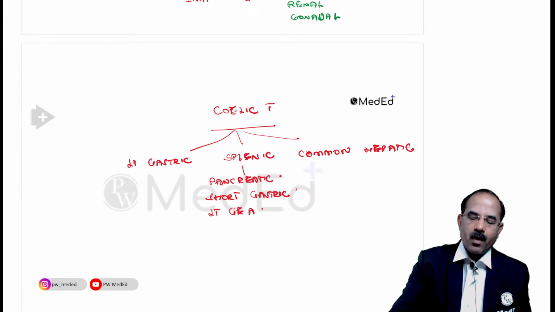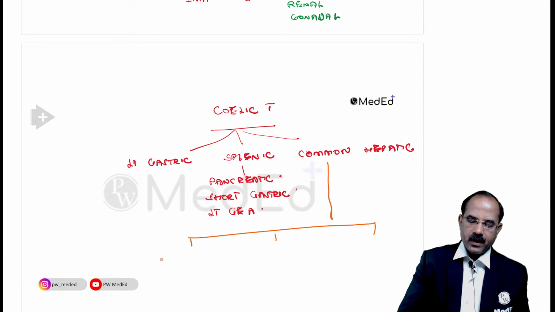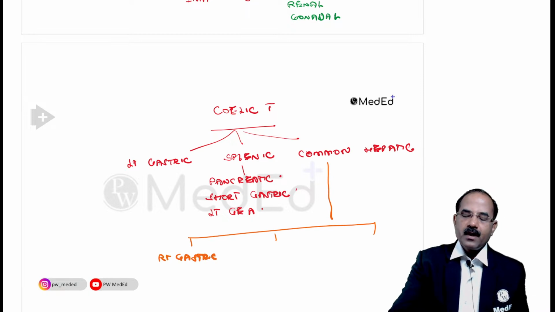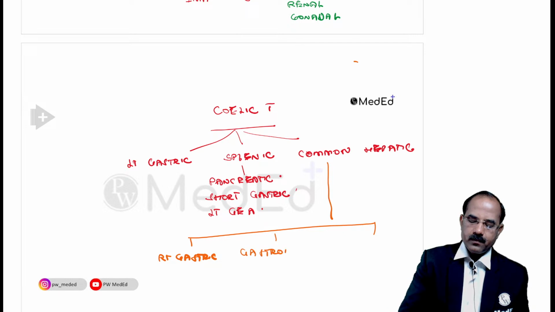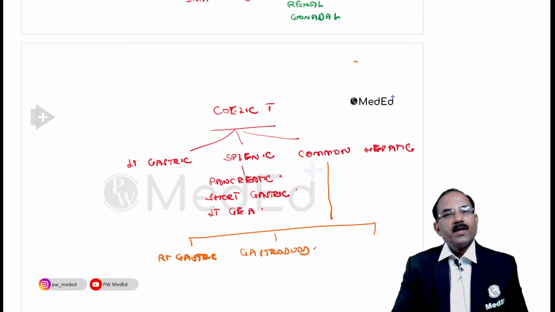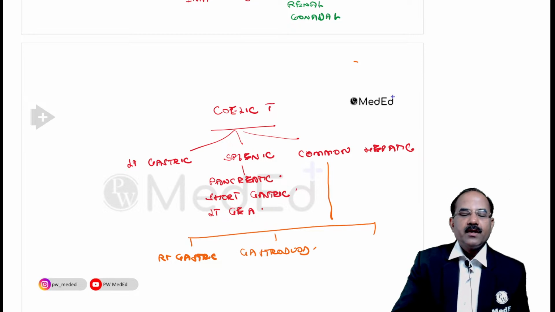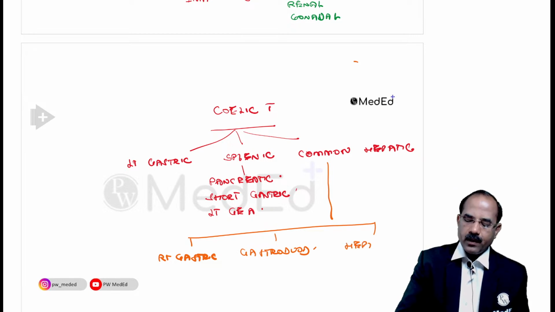What are the branches of common hepatic? The common hepatic gives three branches. One is the right gastric artery. Second is gastroduodenal. And the third one, which goes to the liver, is known as hepatic artery proper.